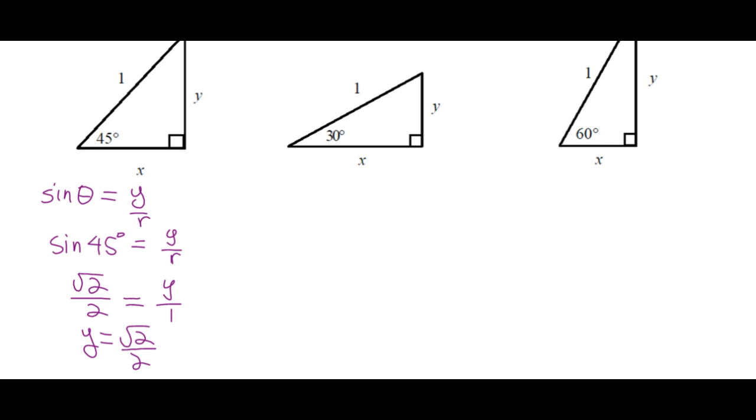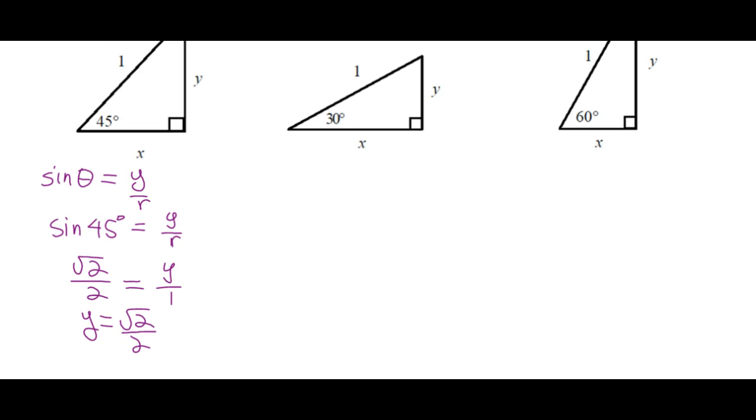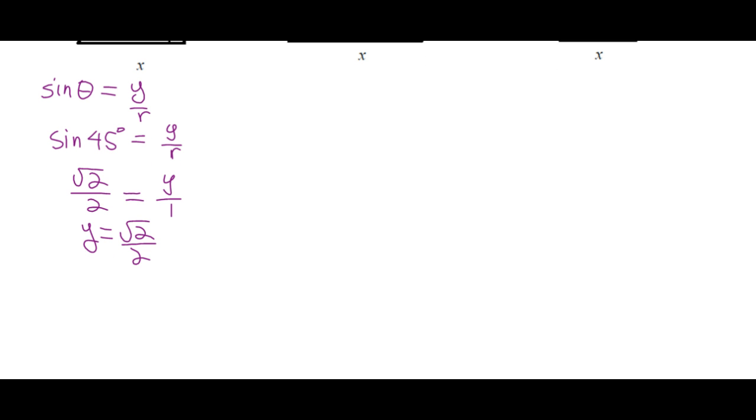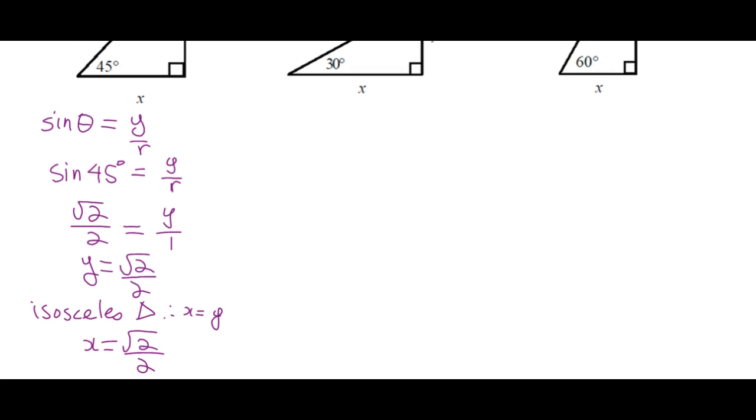Root 2 over 2, right? I mean, it's an isosceles right triangle, so x and y are the same. Since the triangle is isosceles, x is equal to y, so x is also root 2 over 2. And we could also have done that with cos 45, right? But cos 45 is the same as sine 45.